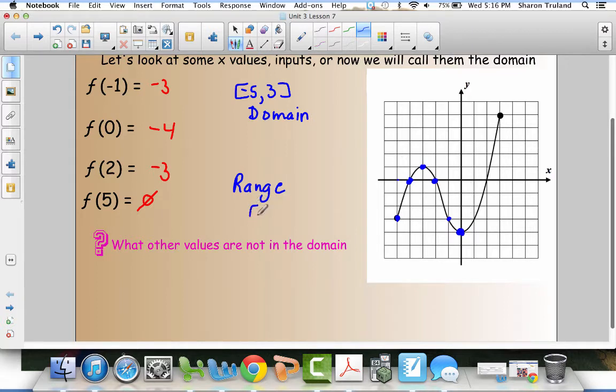So the lowest output is a -4. And then my highest output is a 1, 2, 3, 4, 5. So my outputs, my answers, range all the way from my lowest to my highest. That's my range.